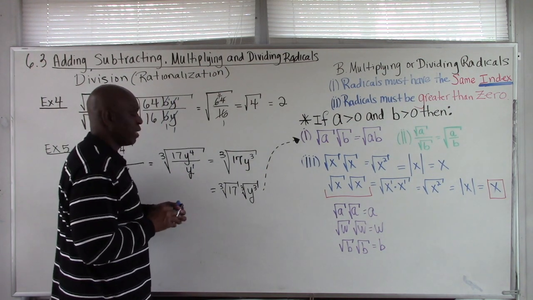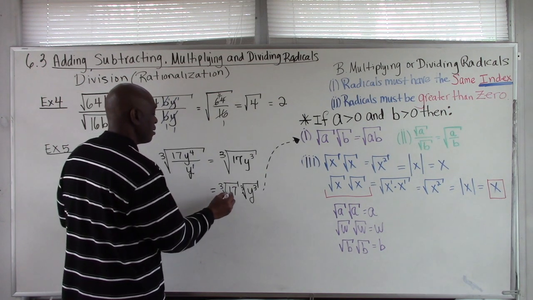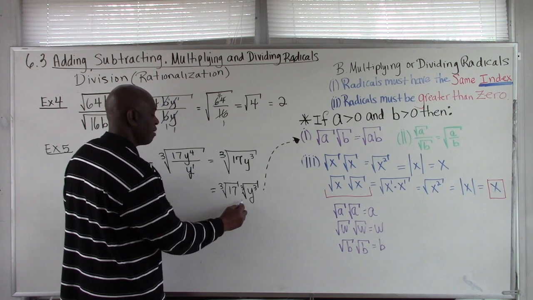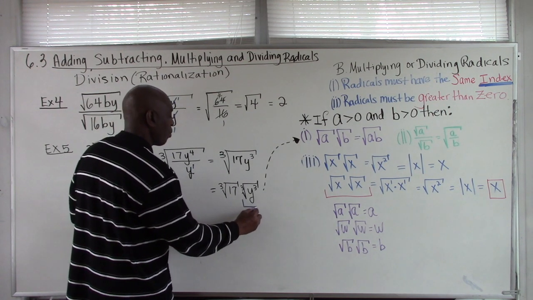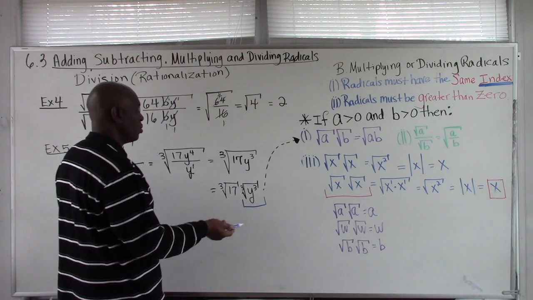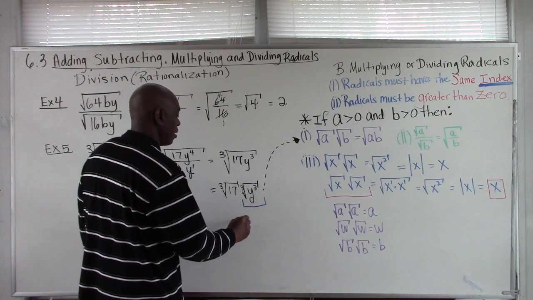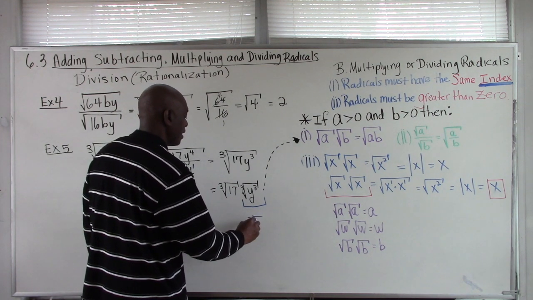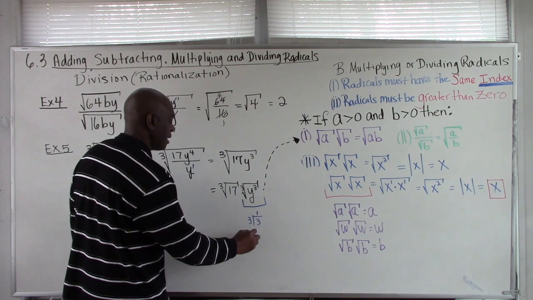Well, we do know we cannot break down radical 17. 17 cannot be broken down into prime numbers because 17 is a prime number. So this one stays. Well, how about this cube root of y cubed? Let's break that down. Do division. And so 3 divided into 3 goes 1 time.